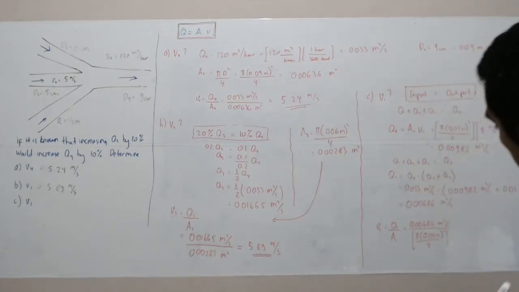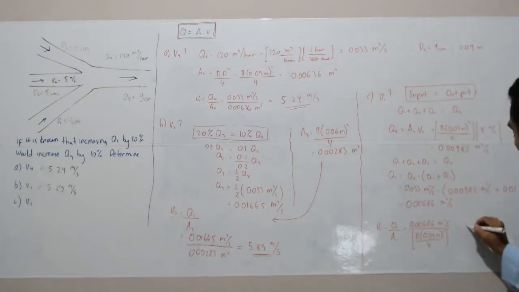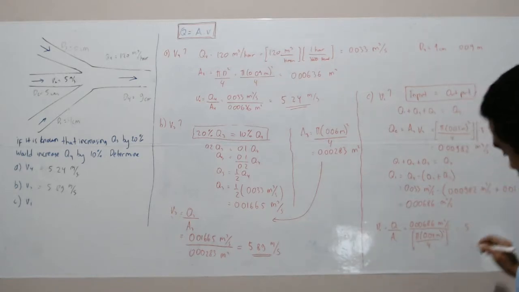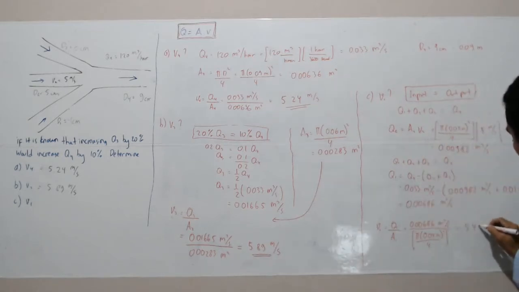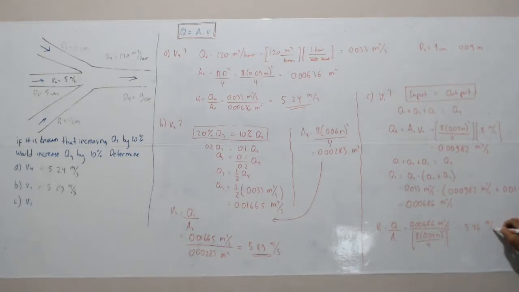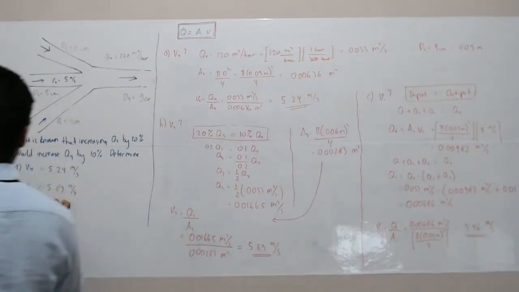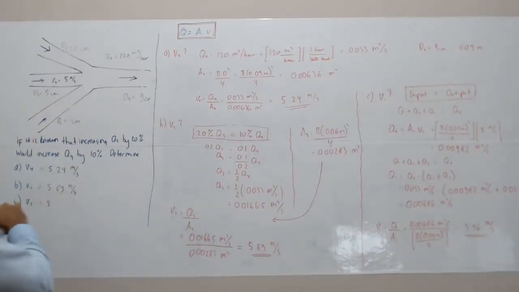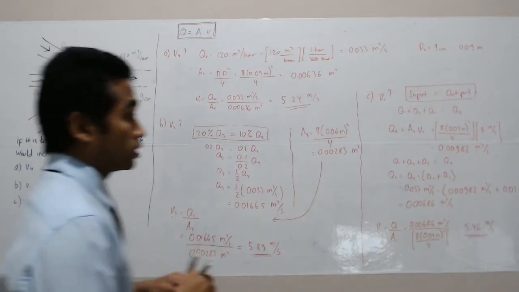So the velocity is around 5.46 meter per second. This is the velocity of the first pipe. So this is 5.46 meter per second.